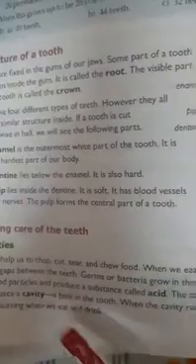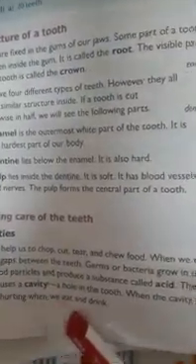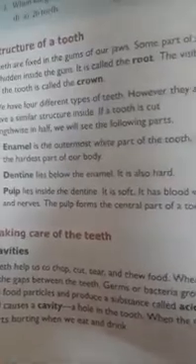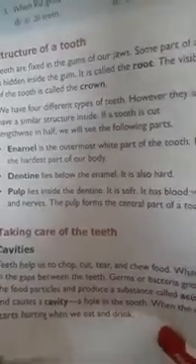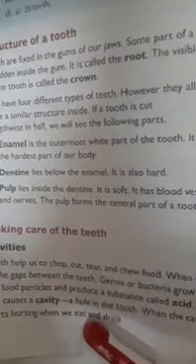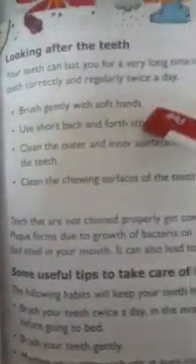That is called a cavity. When the cavity reaches the pulp, the tooth starts hurting when we eat and drink. So our teeth become sensitive and painful when we eat something, if someone has a cavity in the tooth.